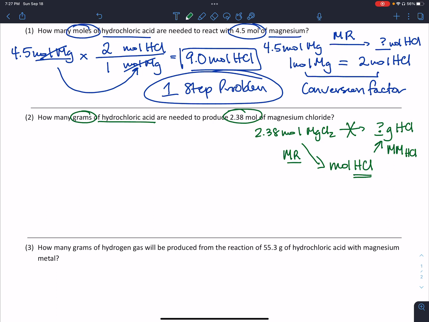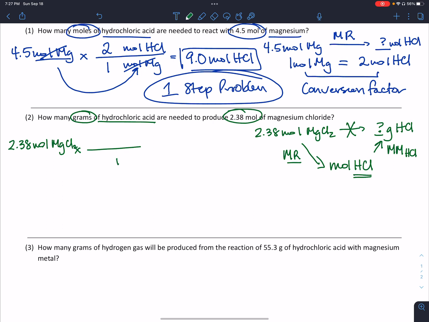With my plan in place, I'm going to set up my problem starting with what I've been given. So 2.38 moles of MgCl2. You'll notice I keep the chemical entity in my problem. This is because it helps you keep track of what's canceling.